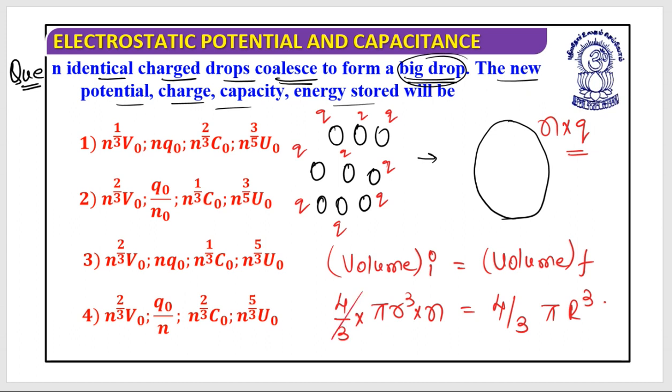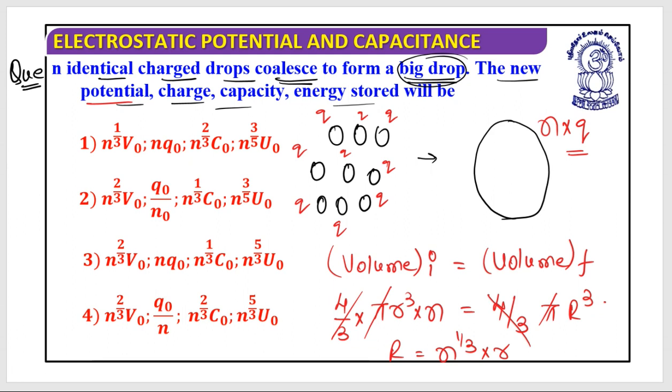Yes, this 4/3 has gone, this pi has gone, and my new radius would be equal to n to the power 1/3 multiplied by r. I hope this is clear. Is it clear? So now let's move to finding the potential.